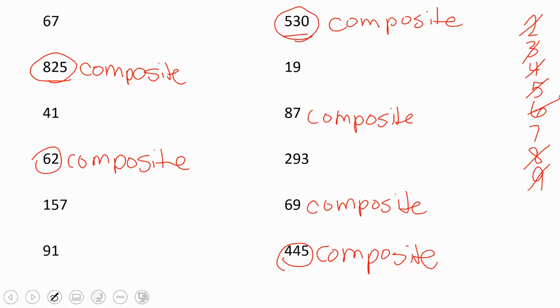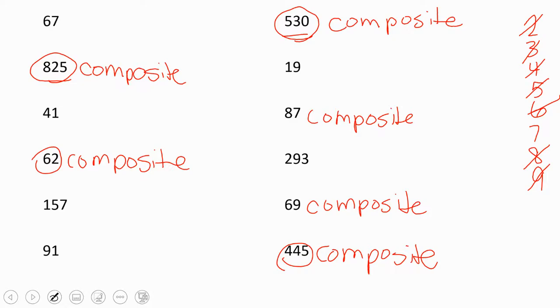All right, so we checked 2, we checked 5, we checked 3 and 9, and now all that's left is to check 7. Again, I said with 7, you just kind of have to do the division to double check. You also need to keep in mind if you have something that's divisible by 11 or 13, because those are prime numbers.